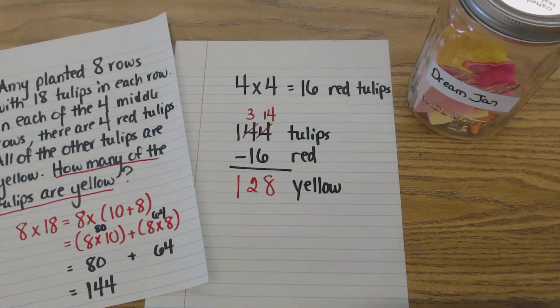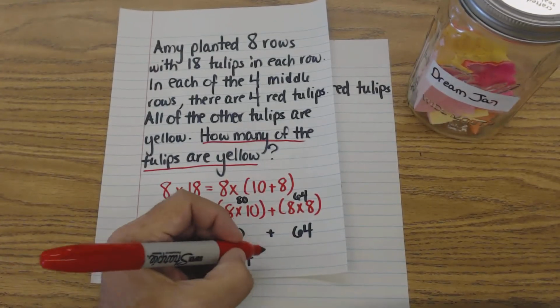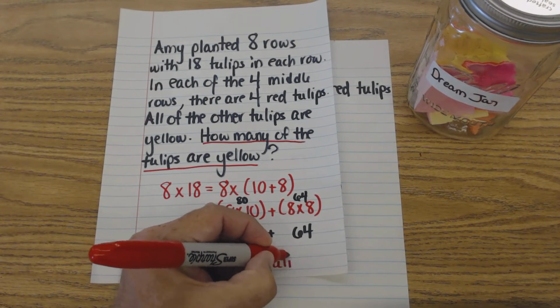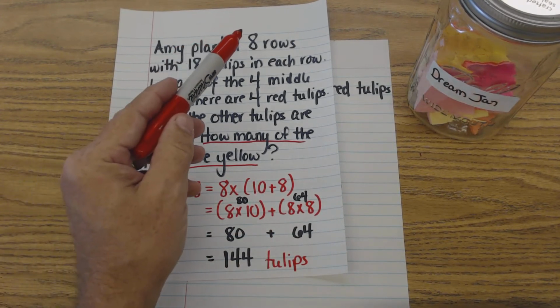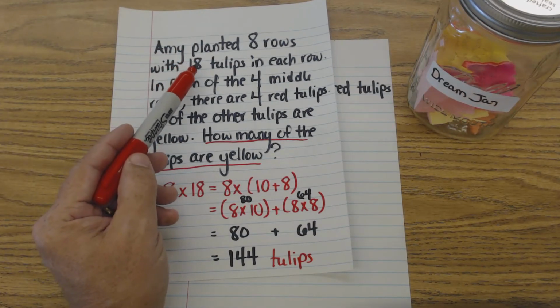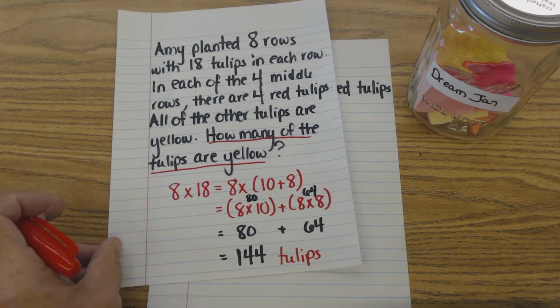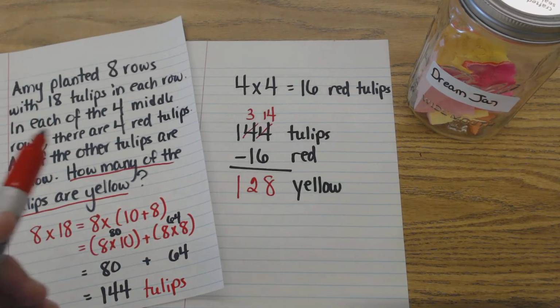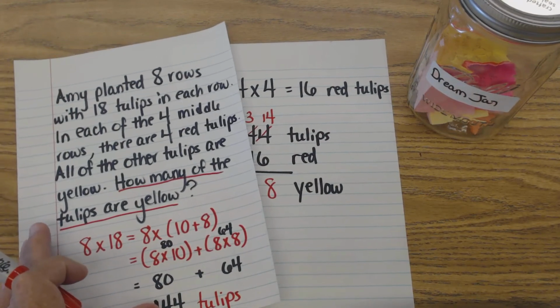128. How did we arrive at that? First, we calculated how many tulips there were altogether. That was 144. We got that by 8 rows of tulips, with 18 tulips in each row. That's 144 tulips altogether. Then we calculated that there were 16 red tulips. We got that from our problem.